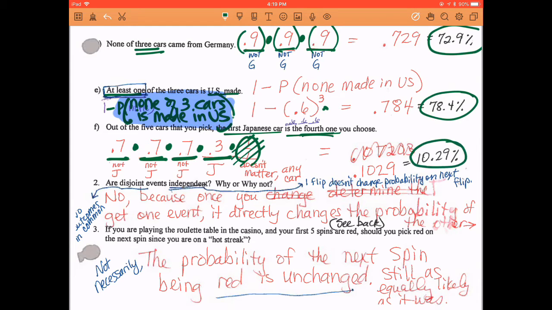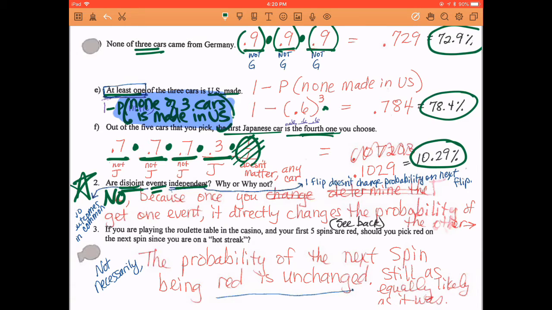All right. So now, the second one is asking about disjoint events being independent. I have previously made an entire video going over and explaining why disjoint events are never independent.